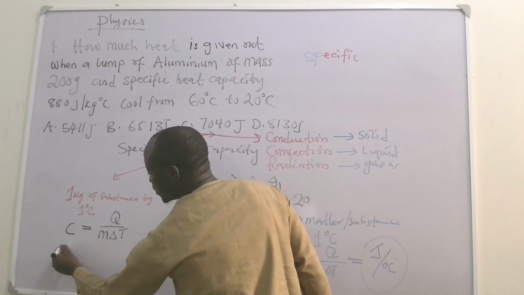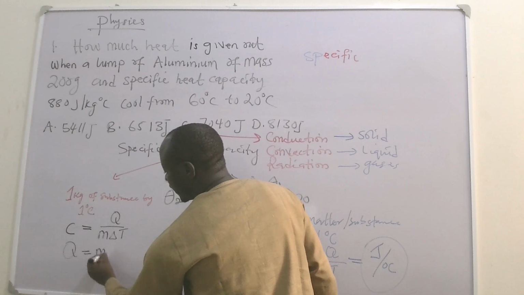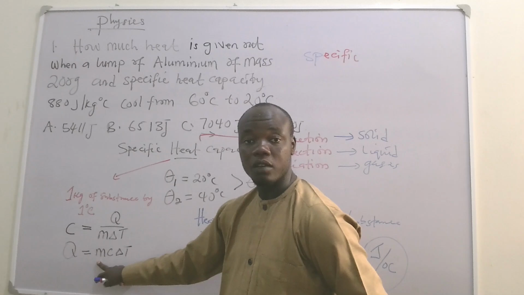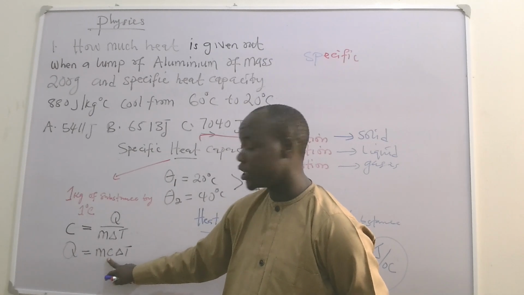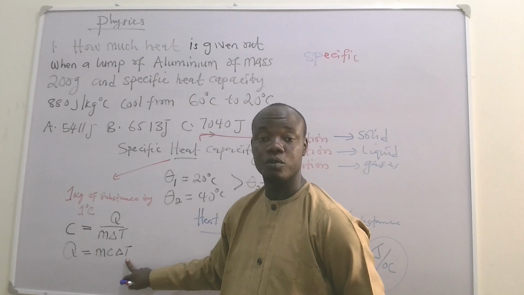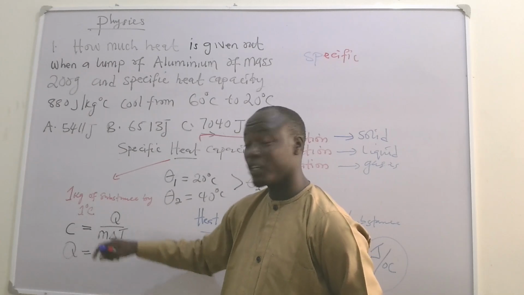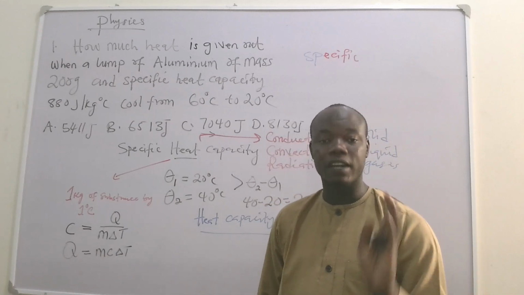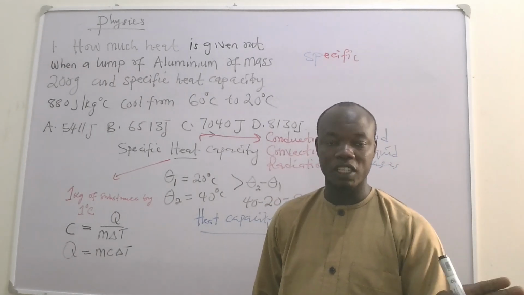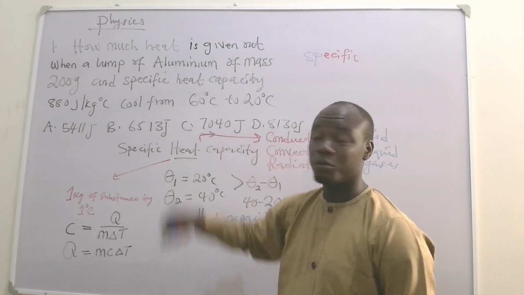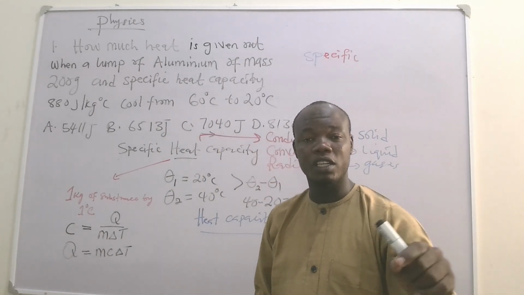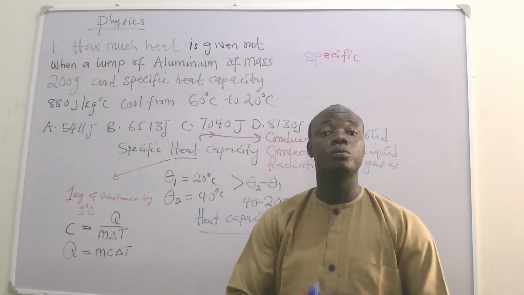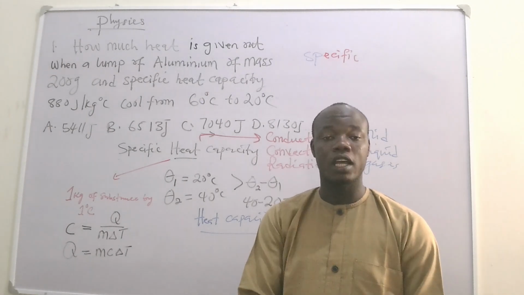So sometimes you can see it written as Q is equal to mc delta T. Here m stands for mass, c stands for specific heat capacity, and T stands for temperature. And of course, the specific heat capacity of any substance varies. The specific heat capacity of water is different from that of aluminium, and the specific heat capacity of aluminium is different from that of copper. So it depends on the type of object.